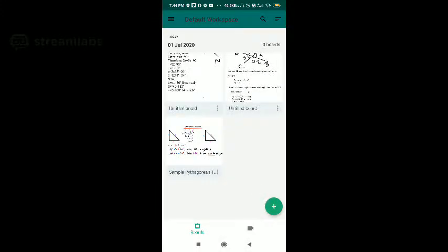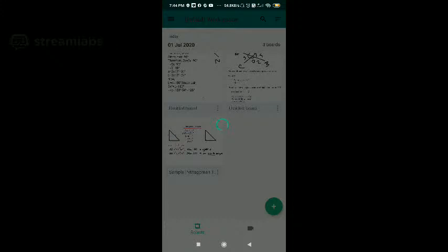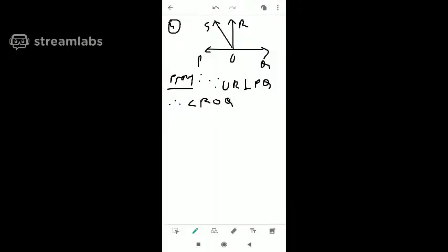In the proof we will write: angle ROQ is equal to angle ROP, both are equal to 90.